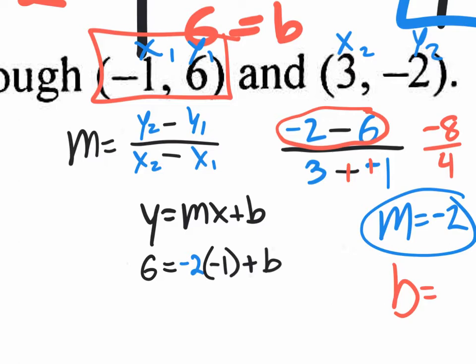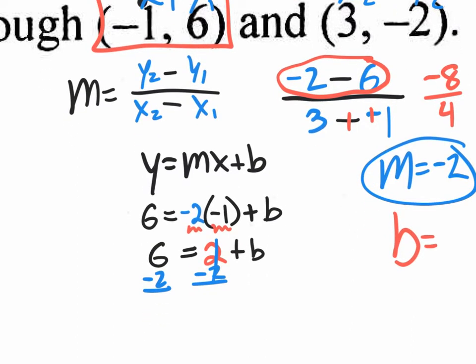So when I work through this, negative 2 times negative 1, that is positive 2. We still have the plus b. We still have the equal and the 6. And now I need to get that b by itself. I don't want that plus 2, so I'm going to subtract 2 and subtract 2. So my final b value will be b equaling 4.